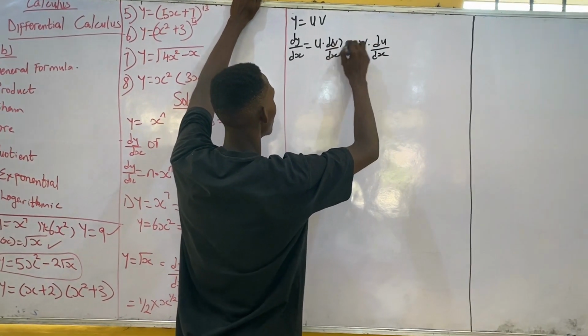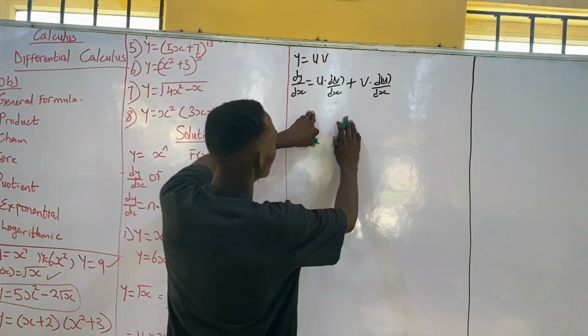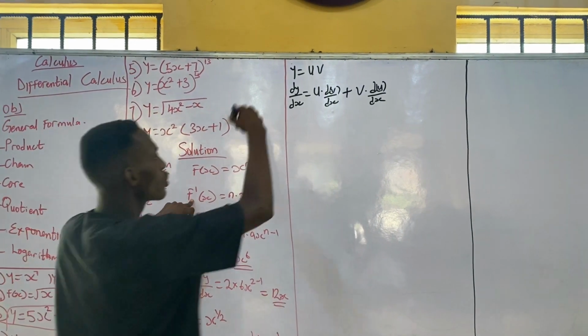Okay, let me put the brackets here. But if this is looking confusing to you, remember I said this is also a derivative. You can also write it as what?